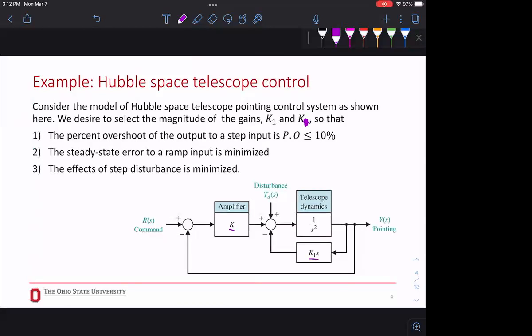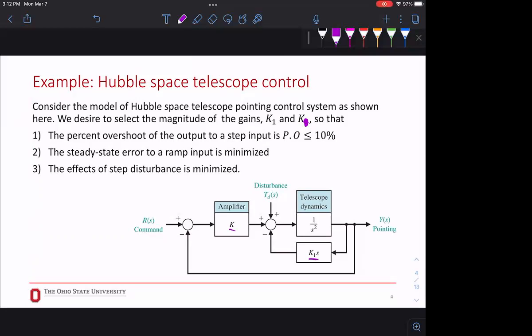We want the percent overshoot of the output to a step input to be less than 10%. We want the steady state error to a ramp input to be minimized. Again, it's not zero. Zero is what we want, the minimum, but we want to minimize it. We want the effect of the step disturbance to be minimized.